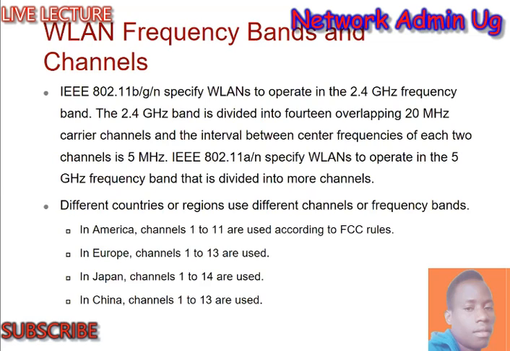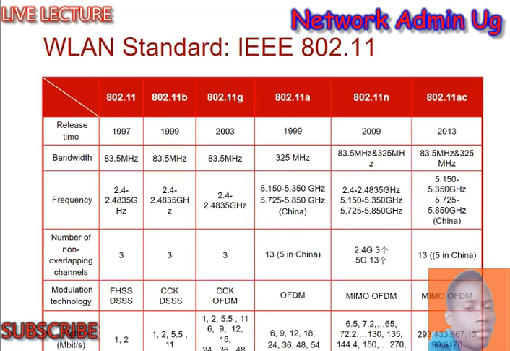So that is what normally is looked at when you're considering which channel to use for a given technology. We have a table that details the entire technologies. This table comprises the year of release of each technology, how much bandwidth, what frequency, how many non-overlapping channels are in each of the technologies, the modulations used by each of the technologies, and their speed rates.